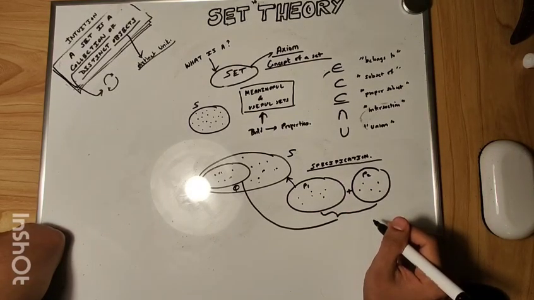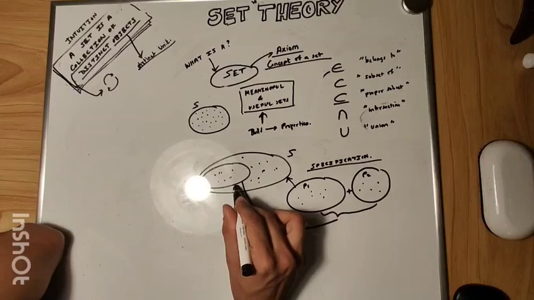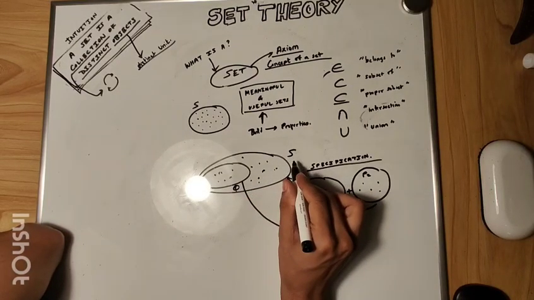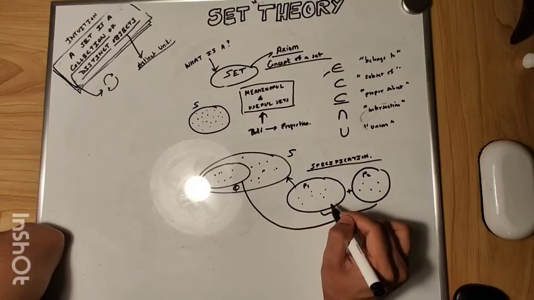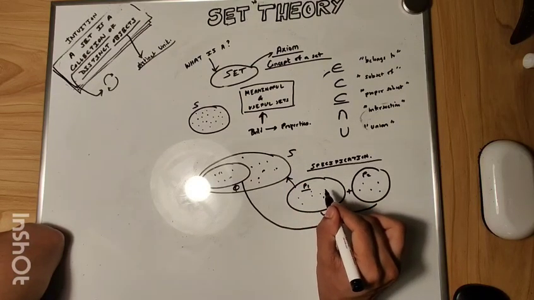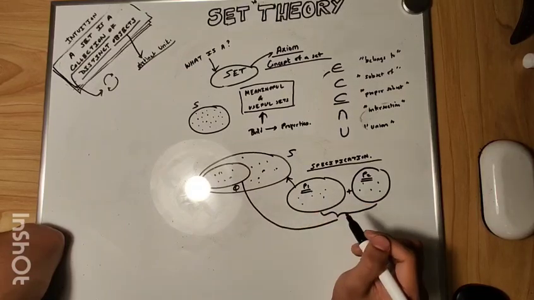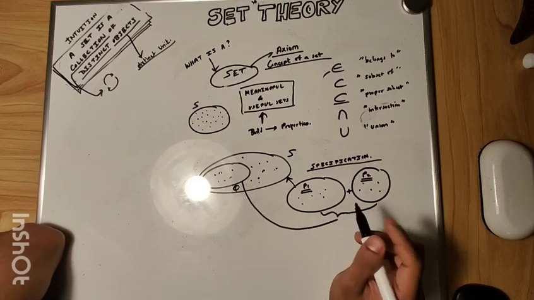Do you see what is happening? You have a set Q or a subset Q of S, which not only satisfies properties P1, but it also satisfies properties P2. And that is exactly what a subset is.